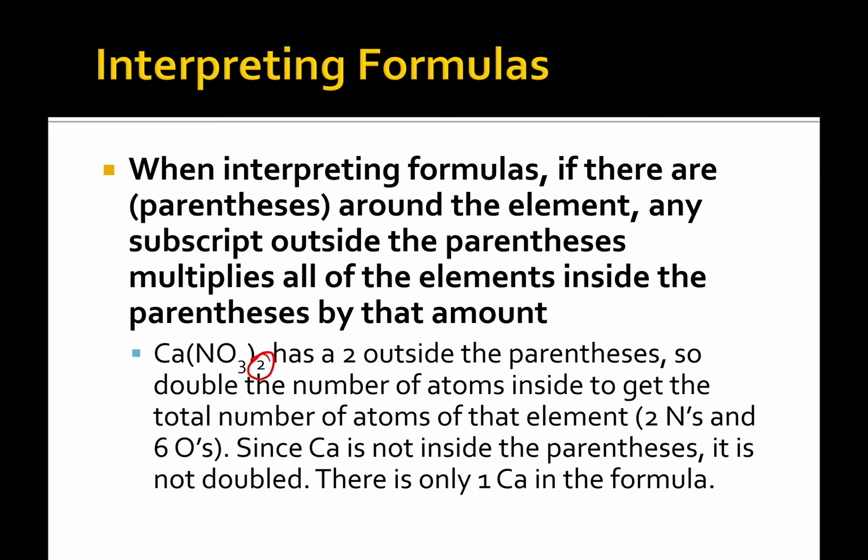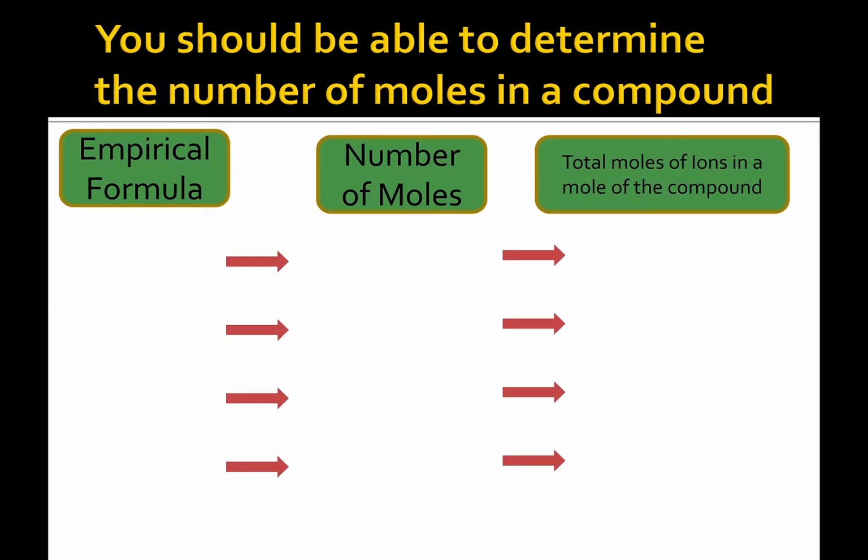So that 2 is going to get distributed to everything inside of that parentheses, the oxygen and the nitrogen. We multiply that. So that means that we actually have 2 nitrogens, and 2 times 3 we would have 6 oxygens. The 2 does not apply to the calcium because the calcium is not inside of that parentheses, where the subscript is just outside of it. So the subscript will only apply to the species directly in front of it inside the parentheses.